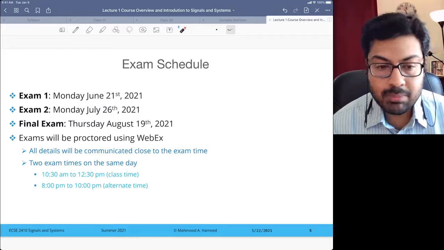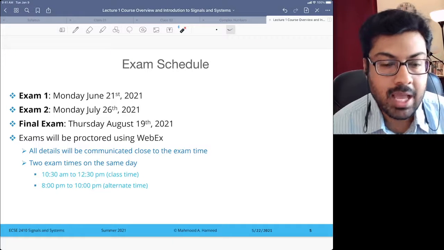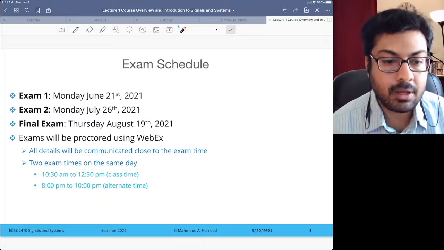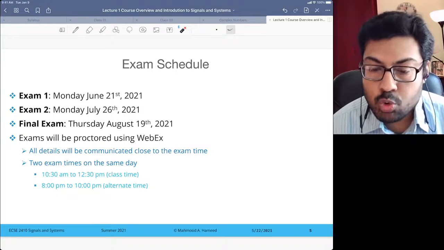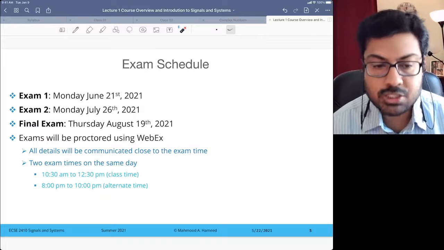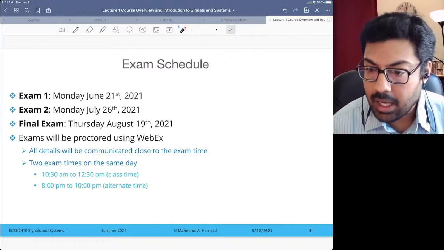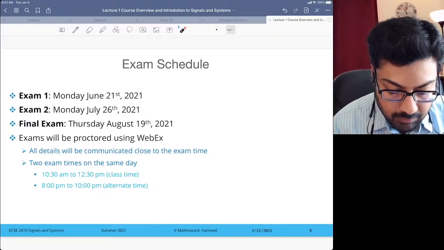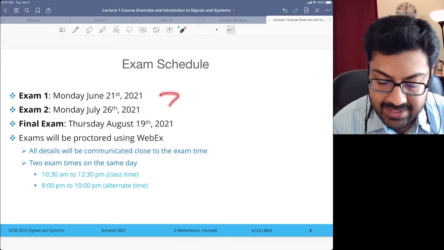Exams are going to be proctored using Webex meetings. I will talk about all the details of how the proctoring is going to happen close to the exam time. There are going to be 2 time slots for exams. One is going to be during class time from 10:30 to 12:30 p.m. on those 3 exam days.